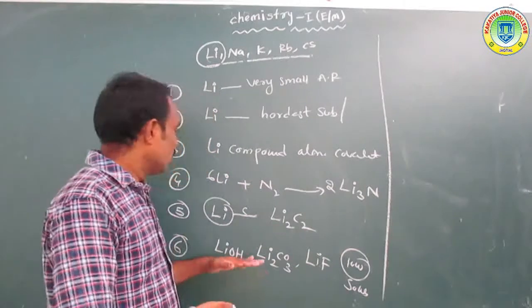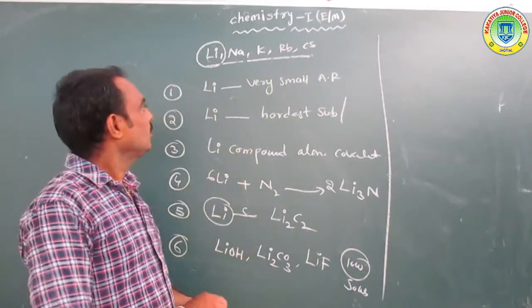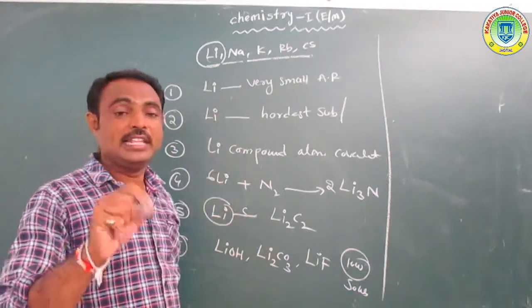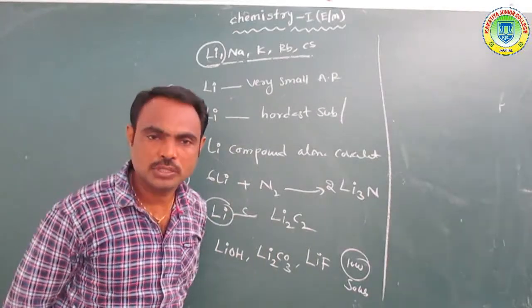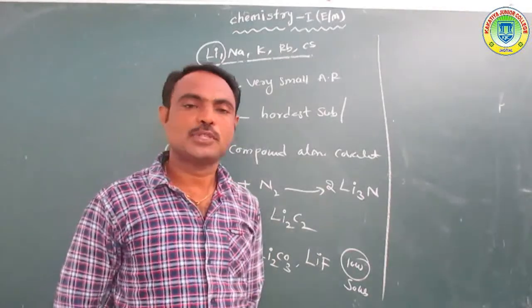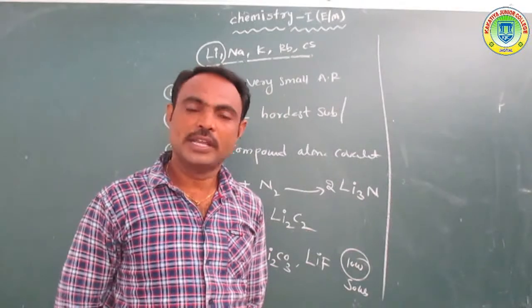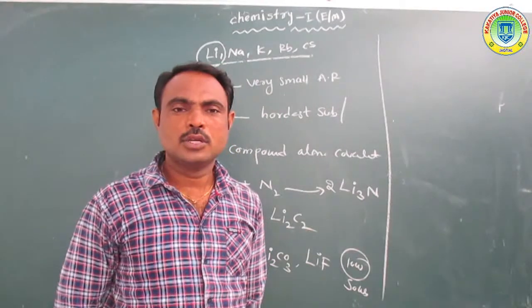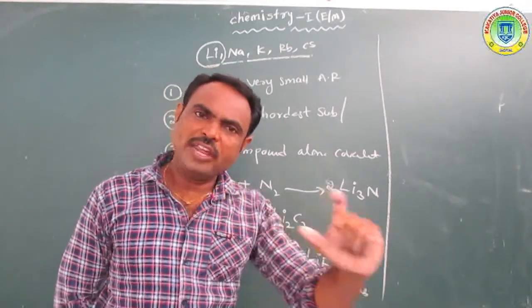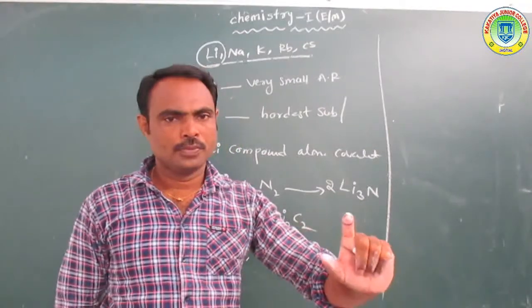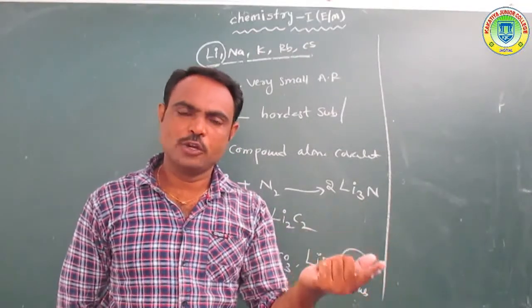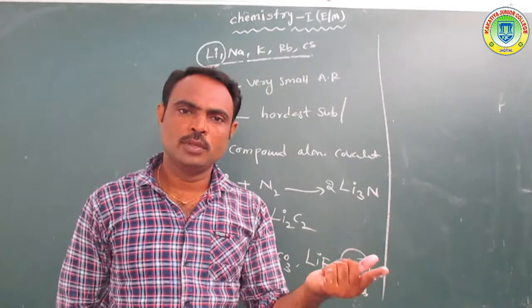So these are the points where lithium shows different types of properties. We take every group: first group, second group, third group, fourth group.